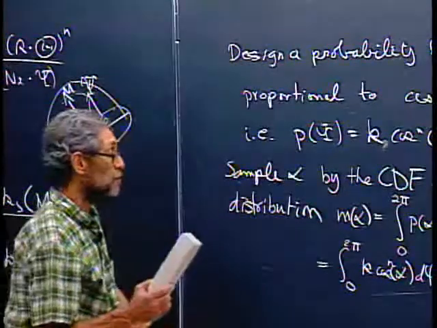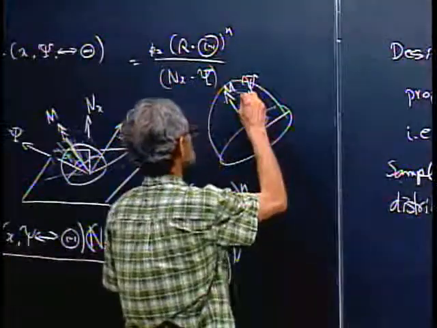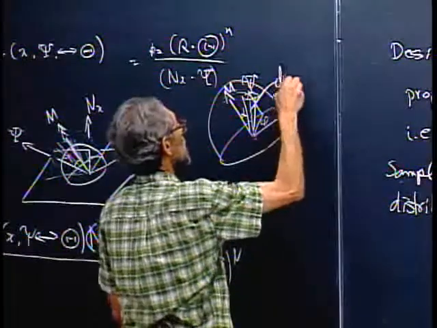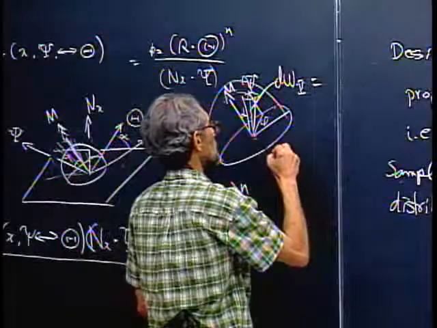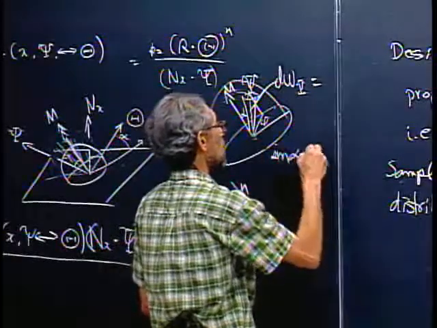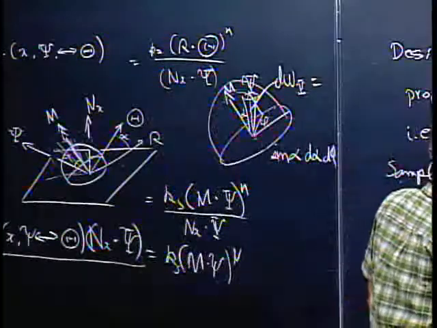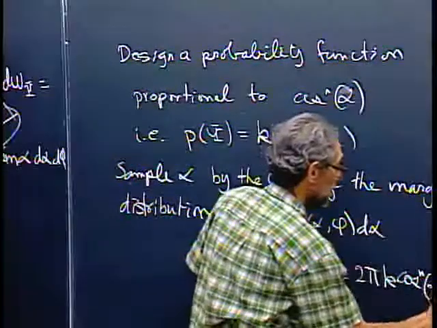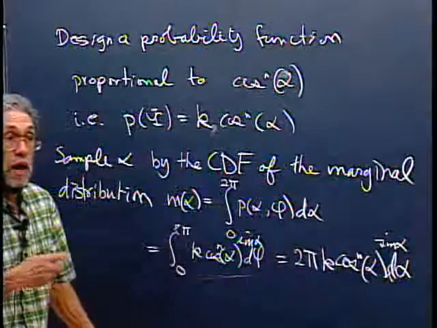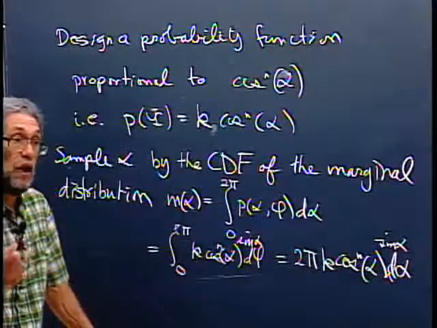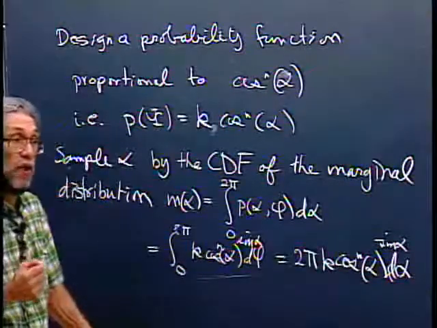And that means I have to take my solid angle d omega and turn it into sine alpha d alpha d phi. So I have an extra sine alpha here that I missed here too. Because I'm thinking now of measuring the probability distribution in terms of these two angles. So I have to get that area factor as part of it.